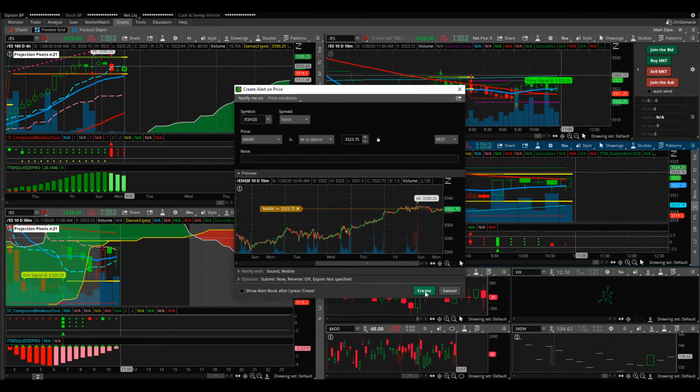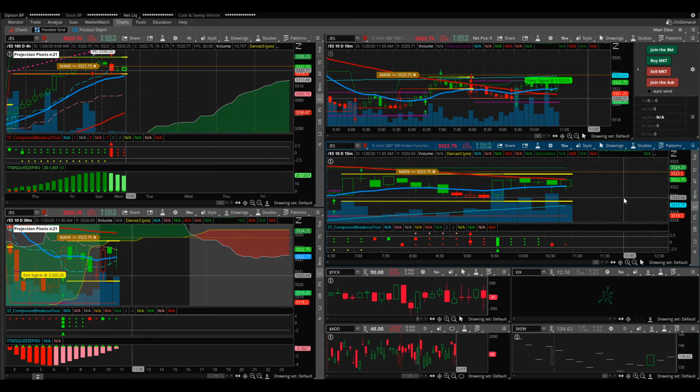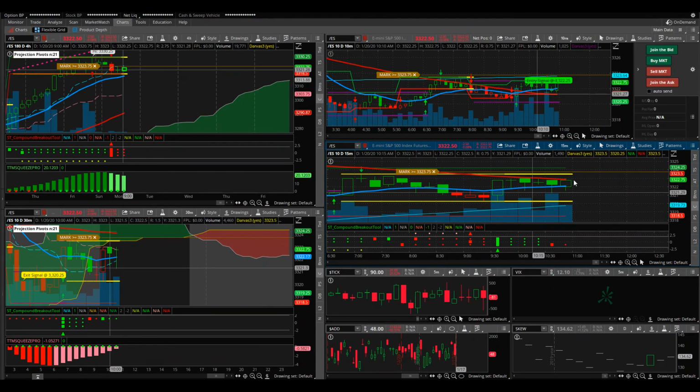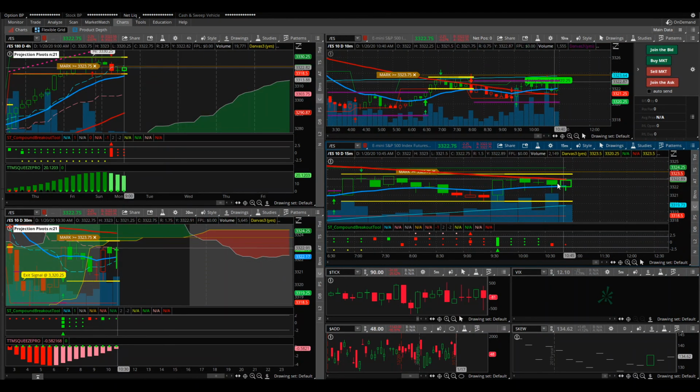That's fine. I would create that and I would wait for that alert to trigger before I would consider buying into any of these, because that's breaking the intraday resistance and getting very, very close to this cross right here. So that's just, I do use multiple time frames on this. Sorry, I missed your question earlier.